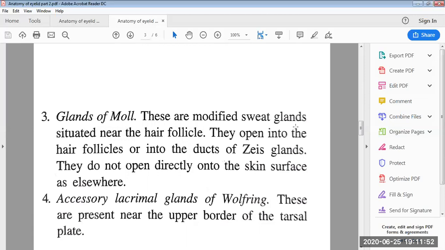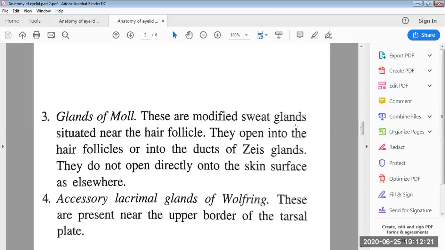They open into the hair follicles or into the ducts of Zeis gland, and they do not open directly into the skin surface as elsewhere.